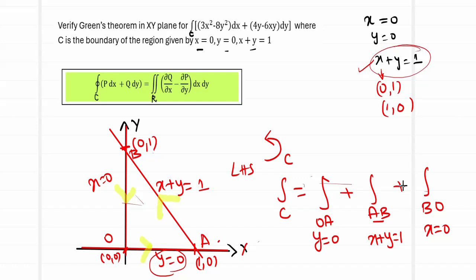So when I am evaluating all these three integrals separately and adding them up for this curve, for this expression P dx plus Q dy, then we are done with the left hand side of the quantity. So quickly we will move on to estimate these three curves, for which I will first copy the evaluation required over here.